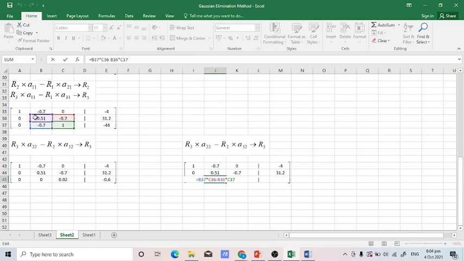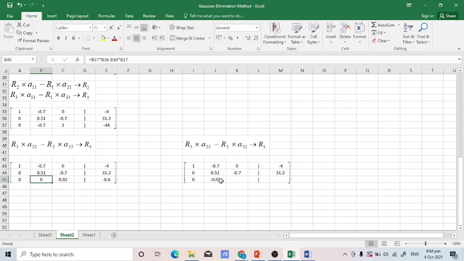Ito yung C36, yung C36 saka C37. Umusog sila. So dapat kasi 0 yan. Ito yung 0. Dapat ma-maintain doon 0.51, negative 0.7.